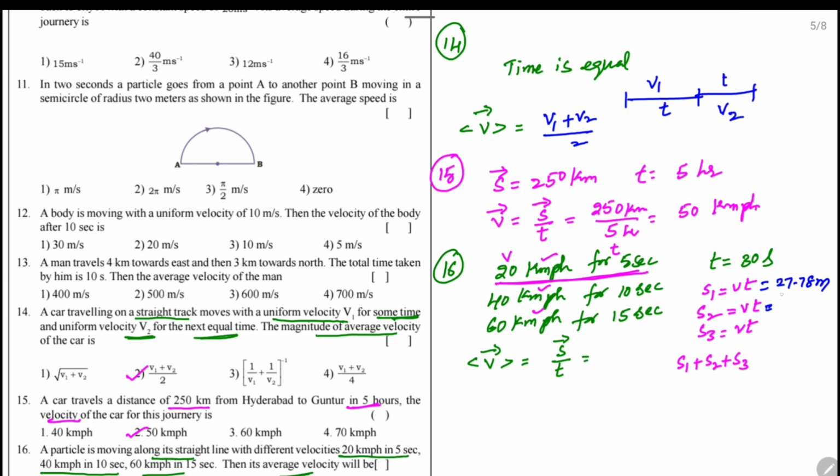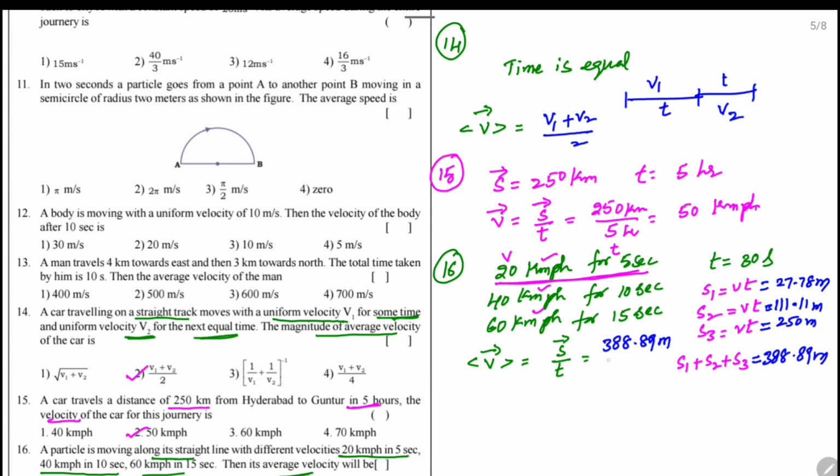S2 will be equal to 111.11 meters. S3 will be equal to 250 meters. So S1 plus S2 plus S3 is approximately 388.89 meters.